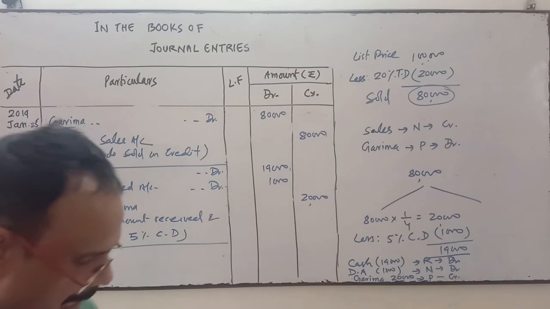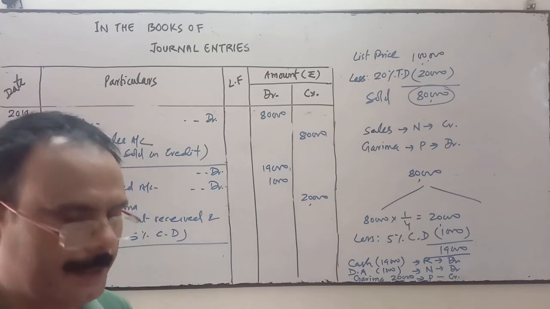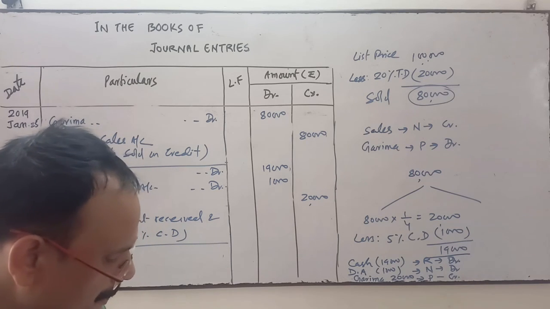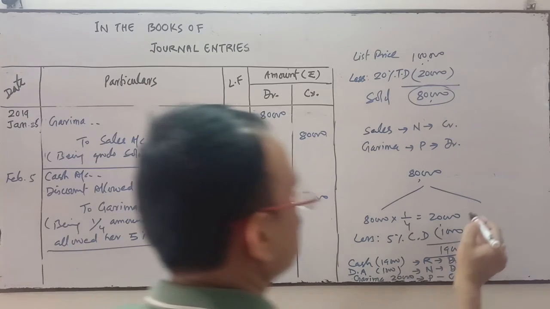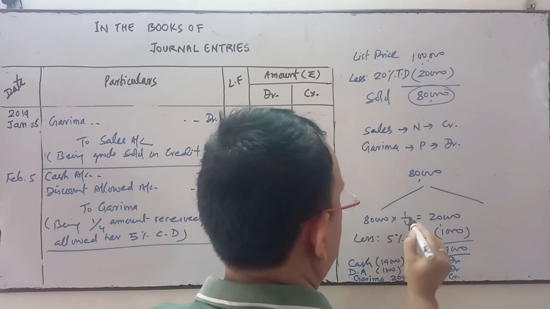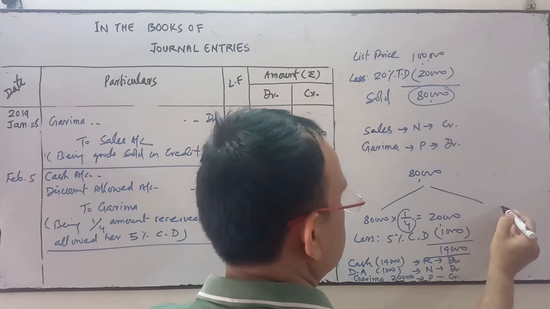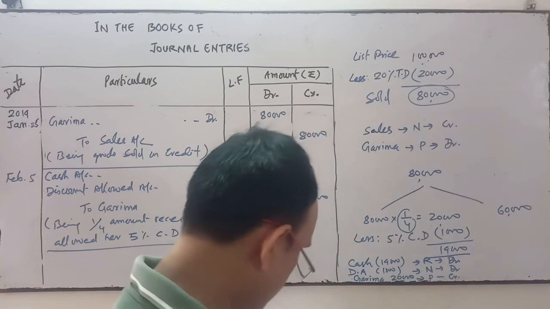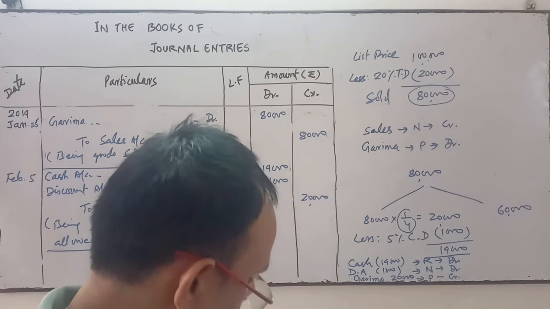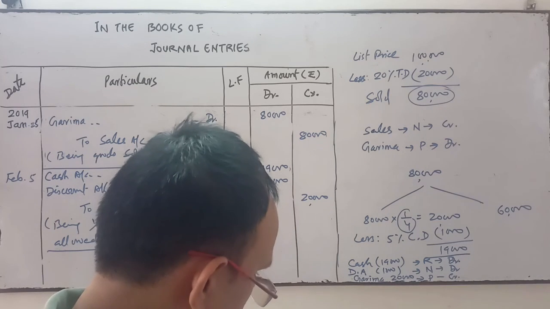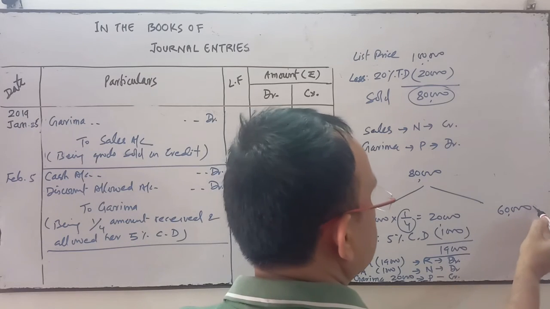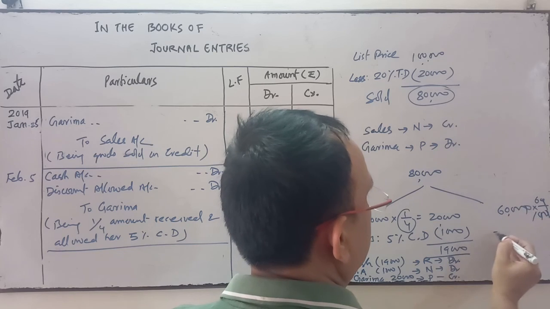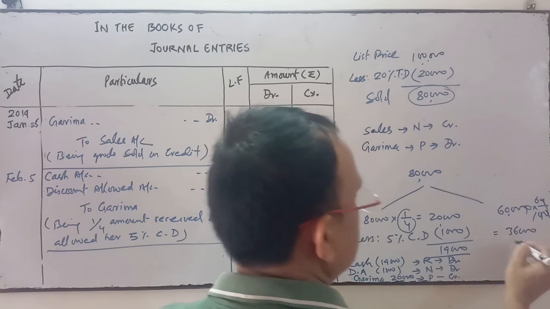Okay. And on February 15, 60% of the remainder. How much is the remainder? 1/4 is 20,000, so the rest is 60,000. So 60% of the remainder is paid in cash, 60% of this amount, it is 36,000 paid.